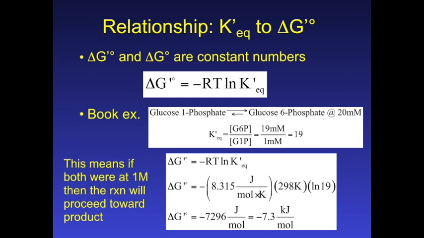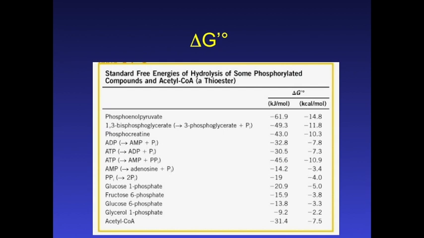If I gave you R, if I gave you T and I gave you the equilibrium, you should be able to do that. And so when you take a look at the kinds of reactions that we have, if you assume every concentration was 1 molar, what would actually happen? Would it drive towards product or towards reactant? We can see lots and lots of types of energies that are given off.